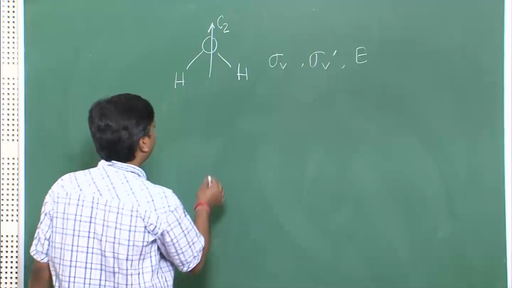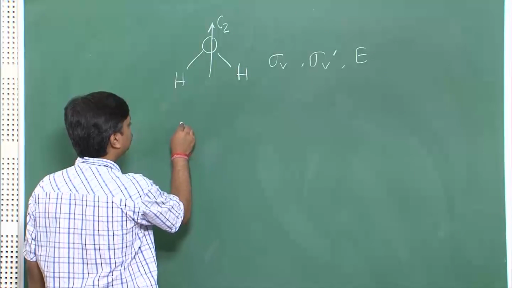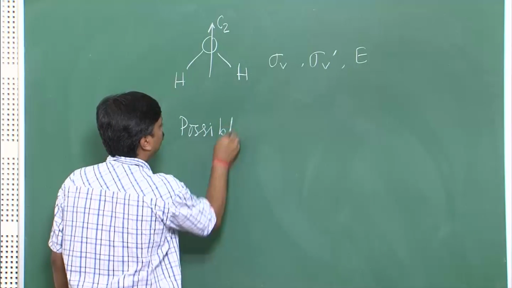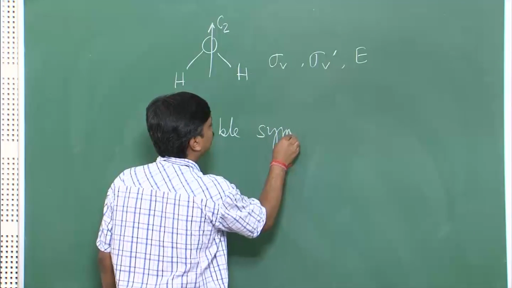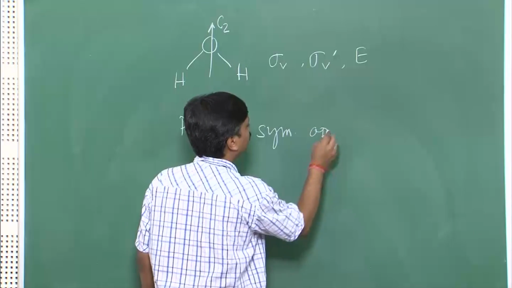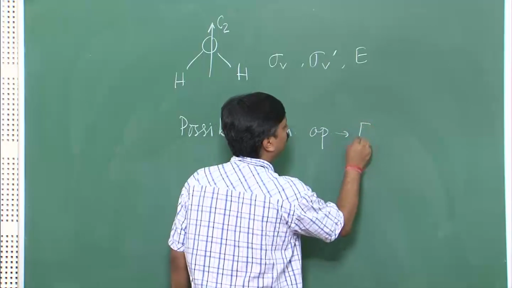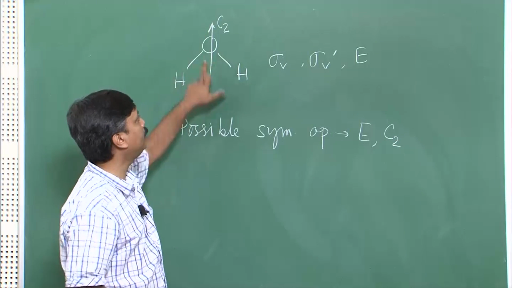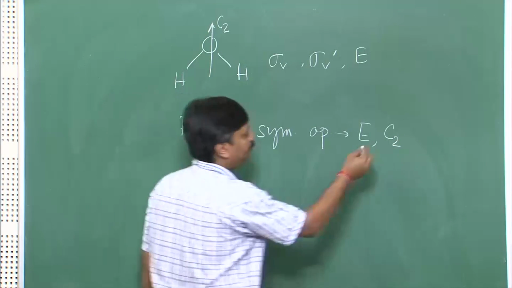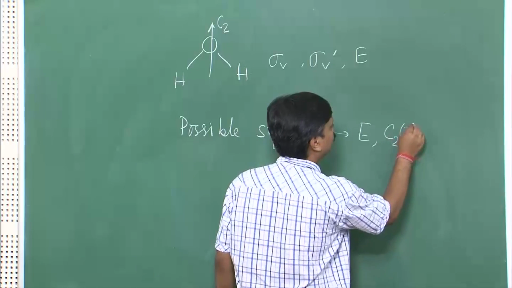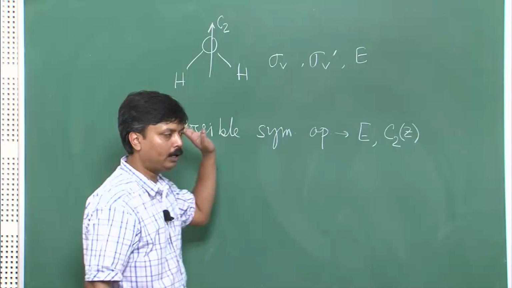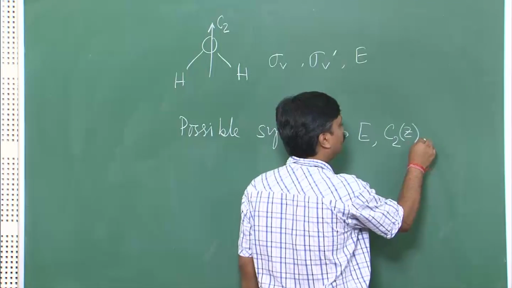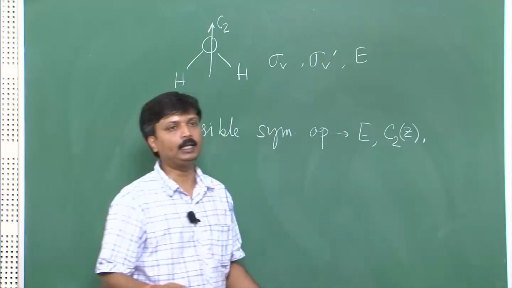So, the total number of possible symmetry operations are identity, C2. If you call this axis the Z axis, you can specify even this C2 as C2Z. You can call it X, Y, whatever, and you can write C2X, whatever. Mostly the molecular axis is taken as the Z axis.